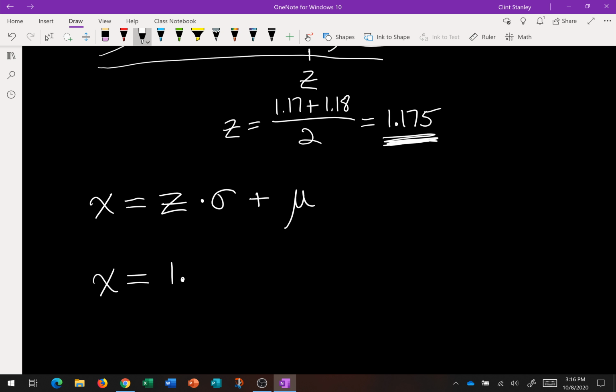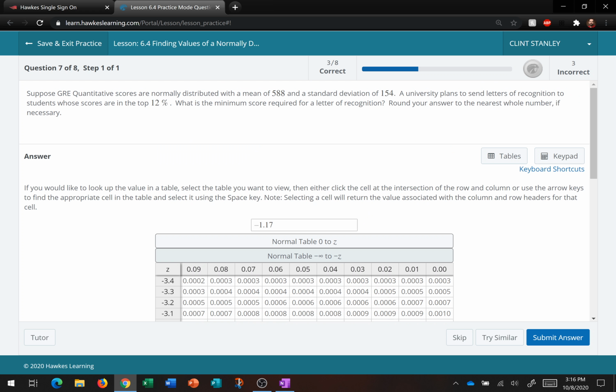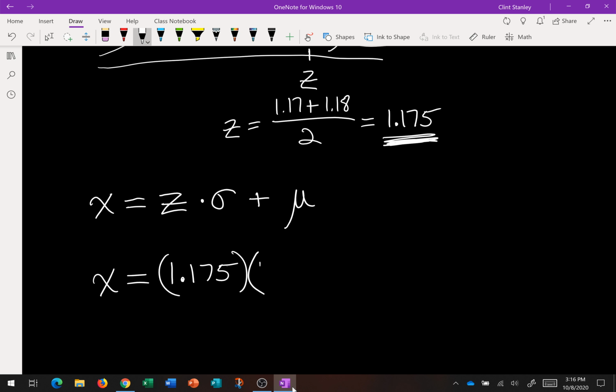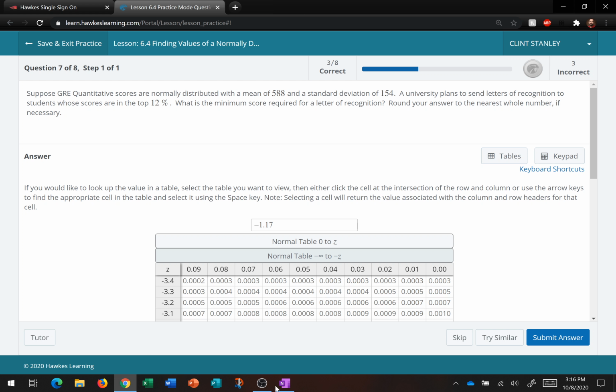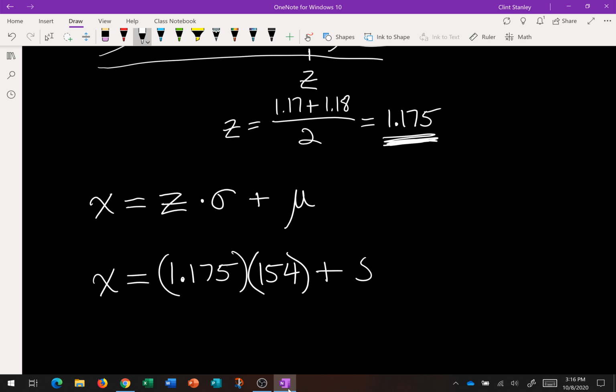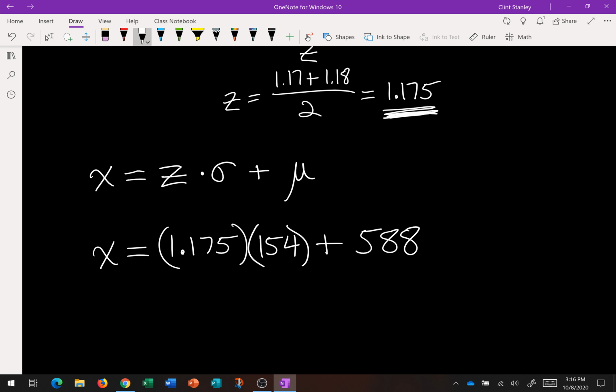It's our z, 1.175, times the standard deviation. It said the standard deviation was 154, so times 154, plus the mean, 588.